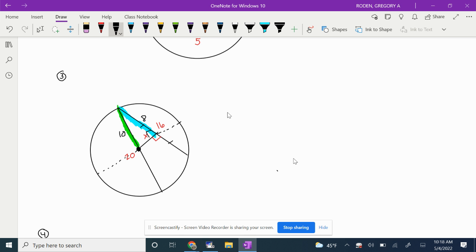So what's the theorem we would write to solve for x, guys? x squared plus what? 8 squared equals what? 10 squared. So in this case, the green segment is the hypotenuse, right? So we get x squared plus 64 equals a hundo, right? And then what are we going to do to both sides? Subtract 64.